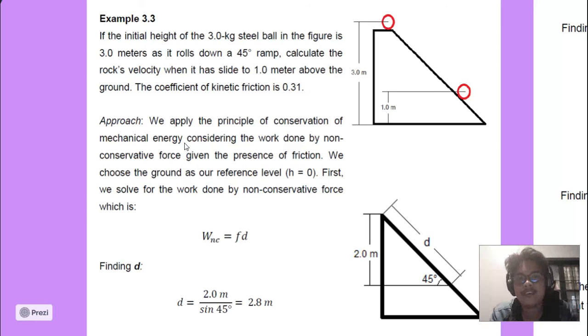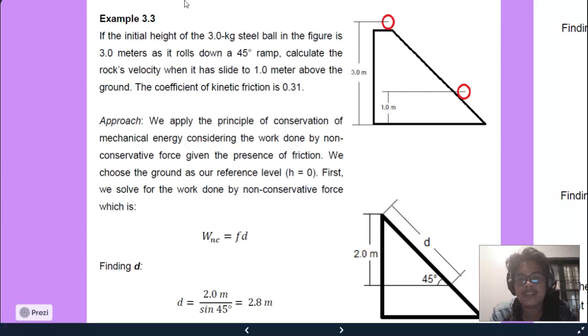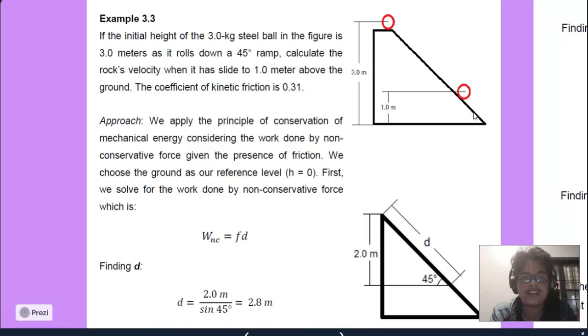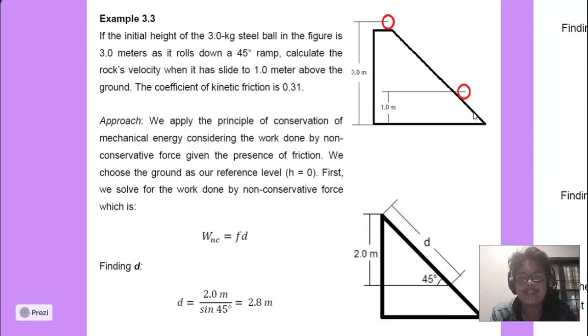Again, ang ating problem dito is almost the same lang sa example 3.1 and 3.2. Ay, sa 3.2 pala, sorry. Almost the same lang din yung mga materials or mga variables. 3 meters yung initial height, final height 1 meter again, and the mass is 3 kilograms ulit.